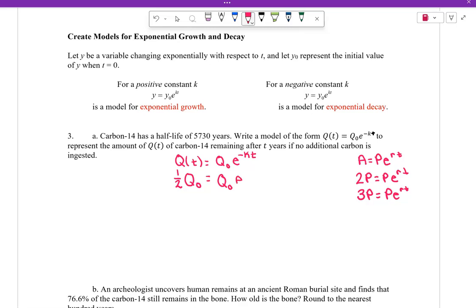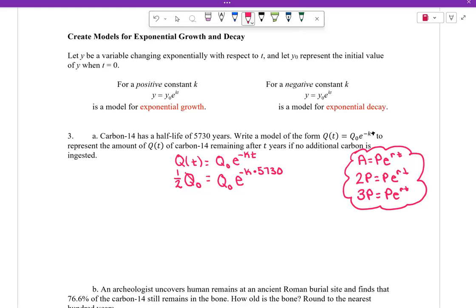I also know what my time is, because it takes 5,730 years for it to lose half of its amount. So if it had 100 carbon-14, then after a half-life, 5730 years, it would be down to 50 and so forth. Okay, so this is just me trying to relate it to what we also looked at tonight.